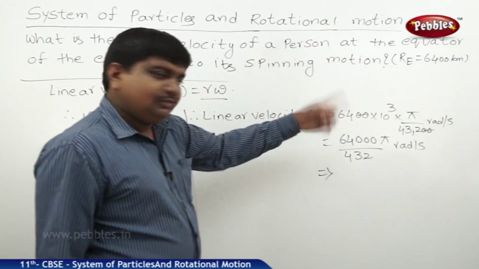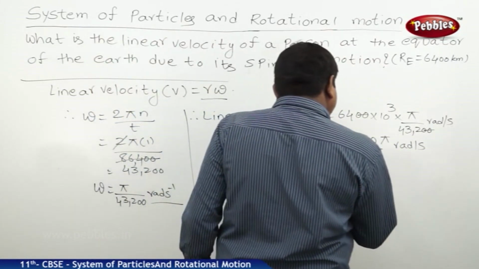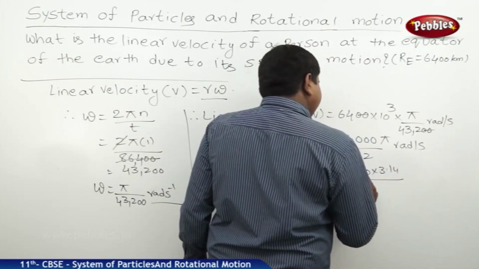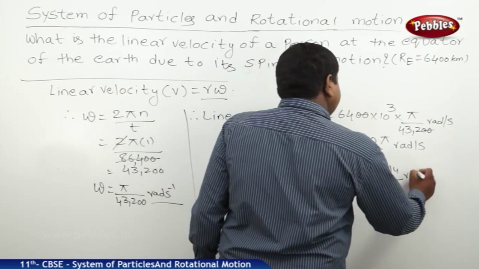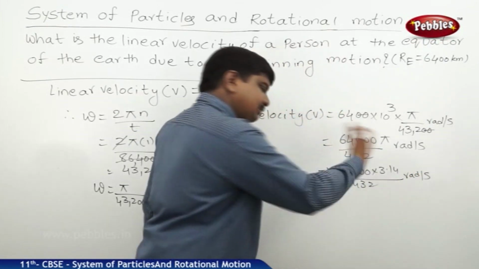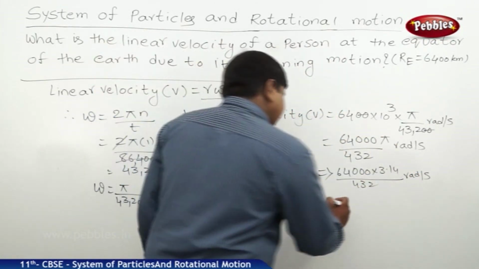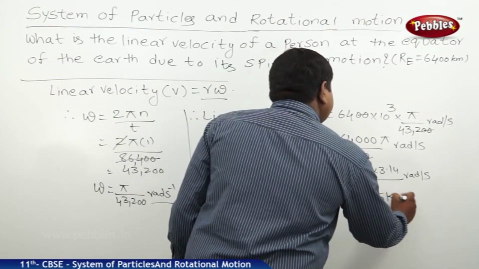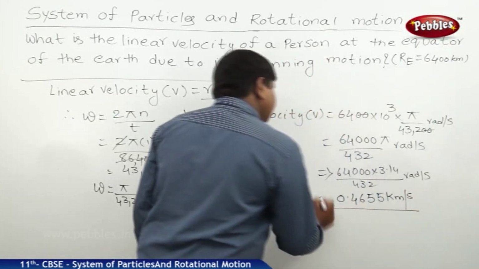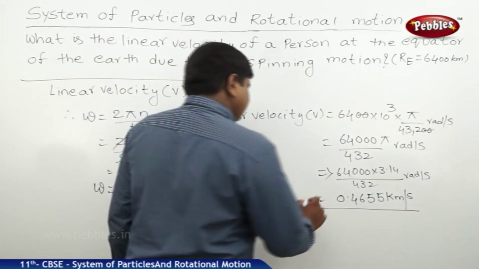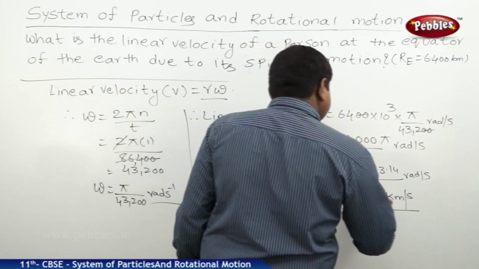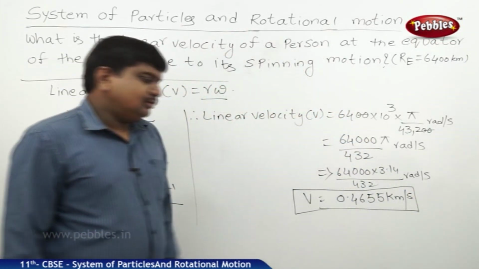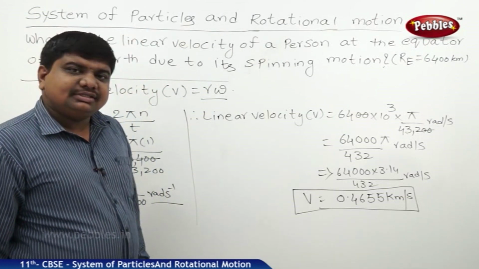If we do the calculation, 64,000 into 3.14 by 432 radians per second, by substituting all the values, we will get 0.4655 kilometers per second. This is equal to linear velocity. So V is equal to 0.4655 kilometers per second.